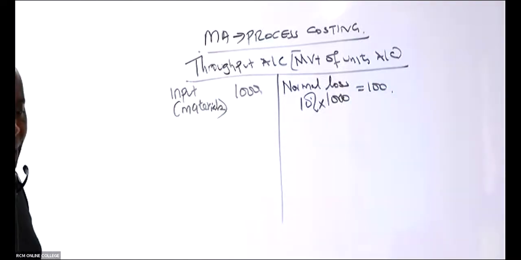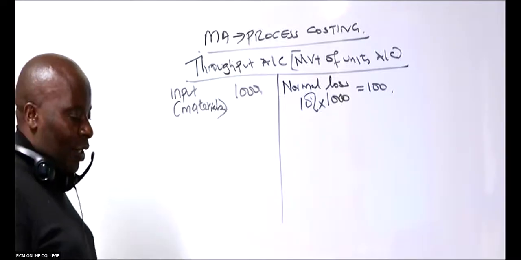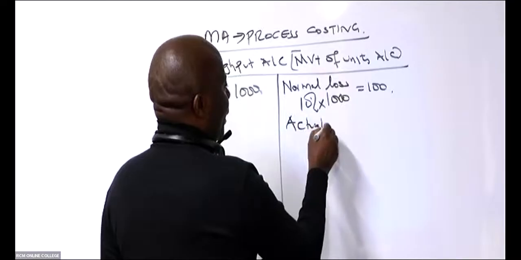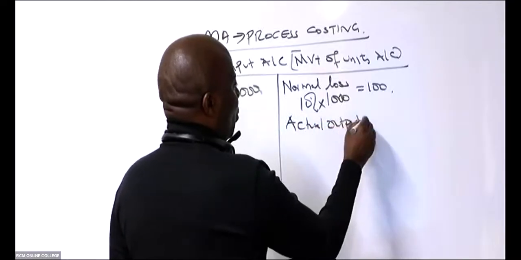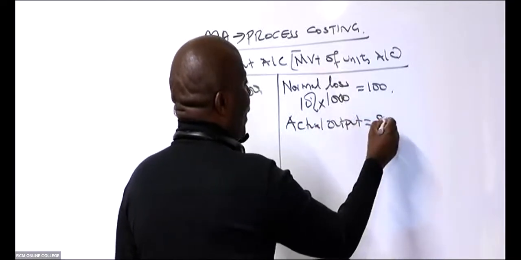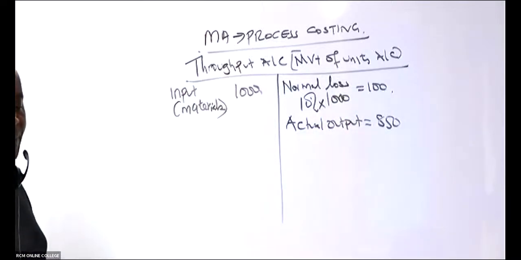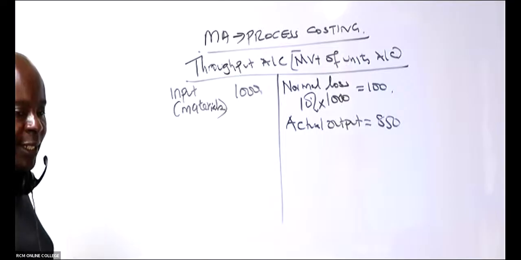And then, in the same question, they have given us the actual output, a figure of 850. So now I should be able to balance this account.